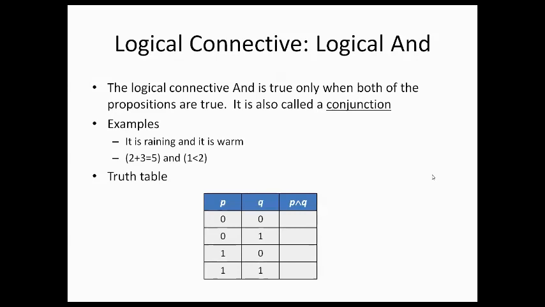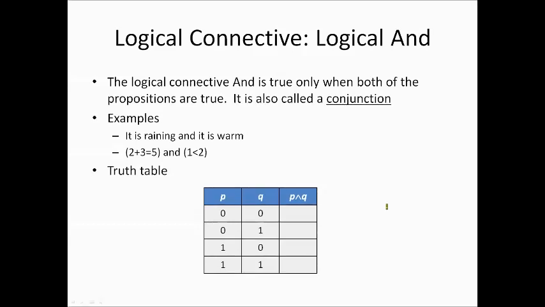It is also called a conjunction. Assuming that we have these values for P and Q, for P we have 0, 0, 1, 1, and for Q we have 0, 1, 0, 1. This is the possible inputs of P and Q. How do we get the result if we're using the logical and?